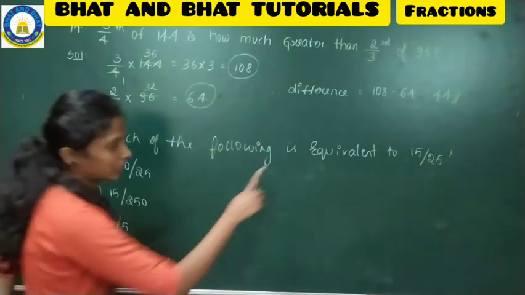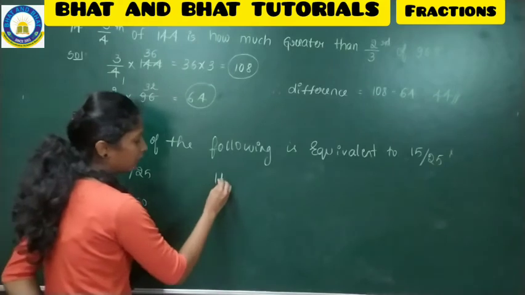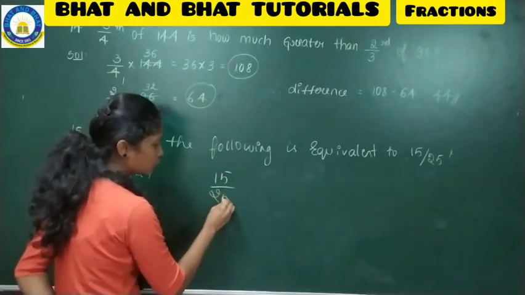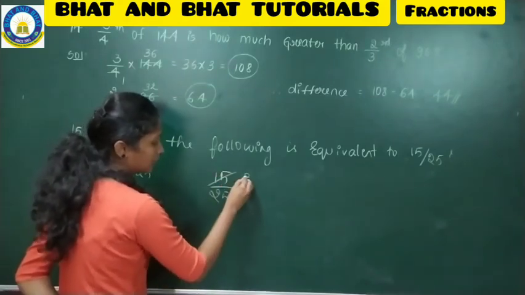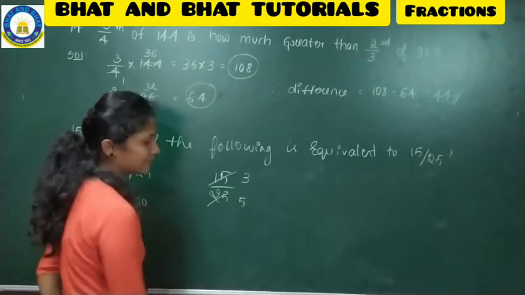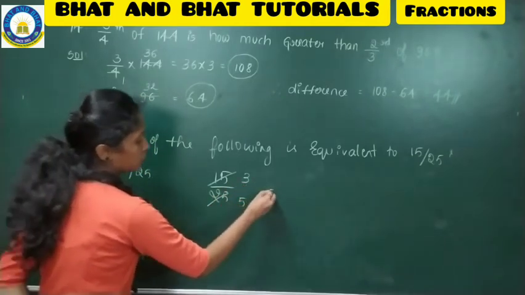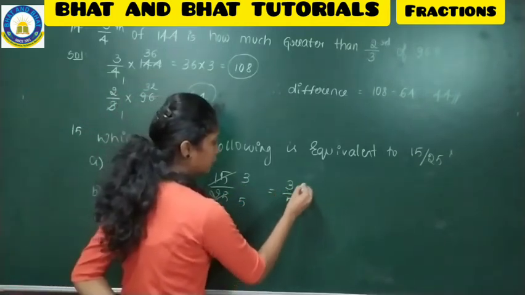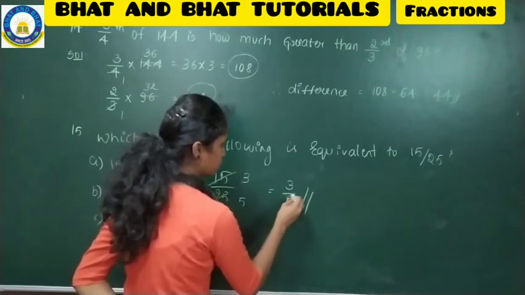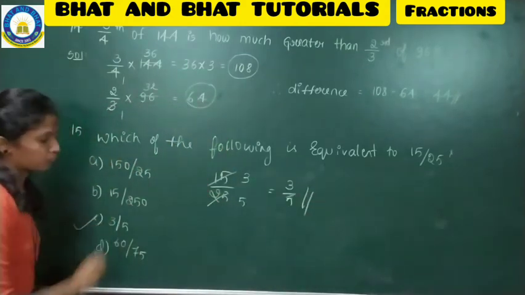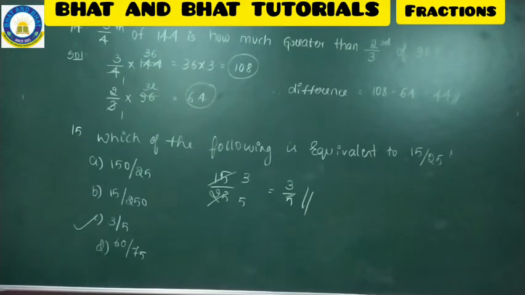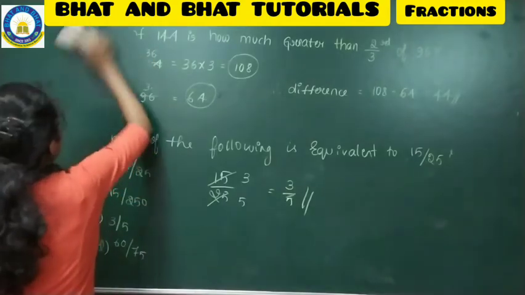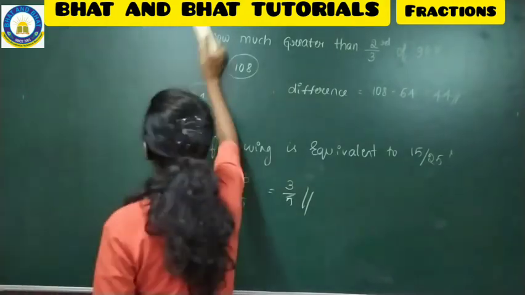So if I cross multiply this, 5 threes are 15, 5 fives are 25, which is equal to 3 by 5. This is how you are going to do it. And option C is the correct answer. Copy this down now. Fine, hope you have copied this. I'll go with the next, the 16th problem now.